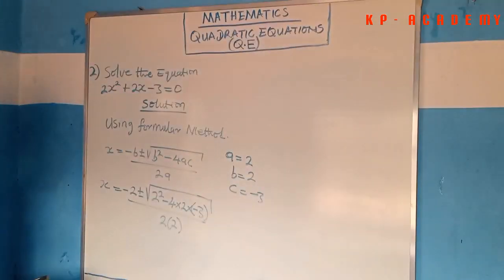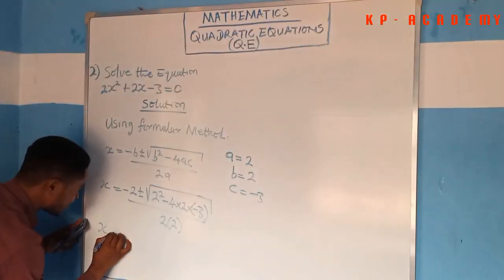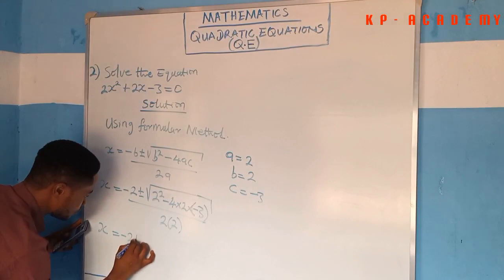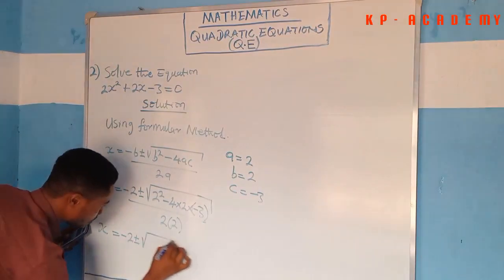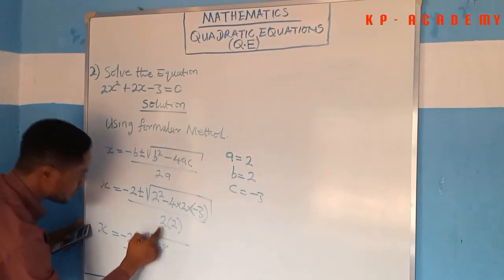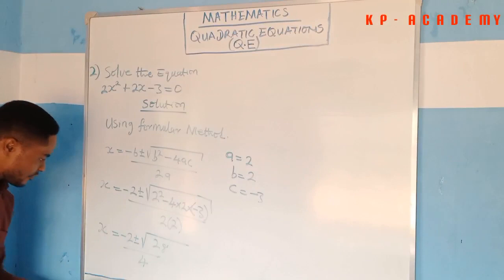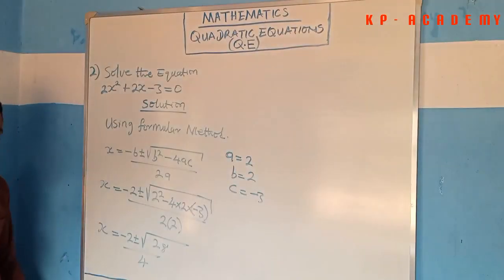Now, evaluating all of these things, we're going to have that x is equal to minus 2 plus or minus square root of 28 all over 4. So this times this is 4.